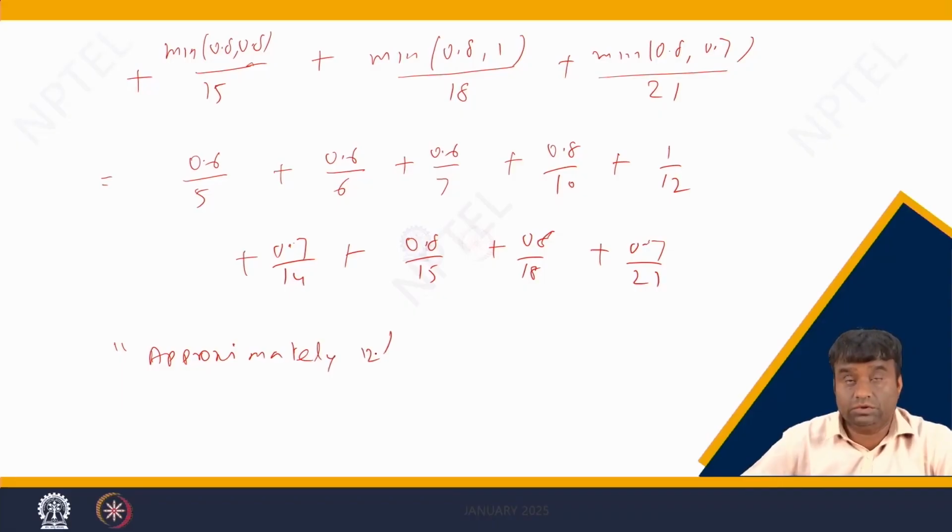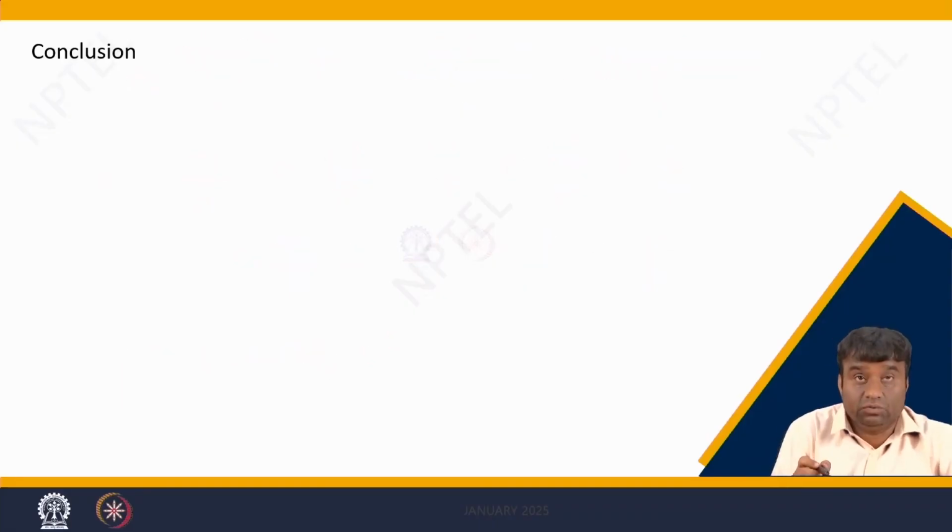So in this class we have understood the different representations of fuzzy relations.